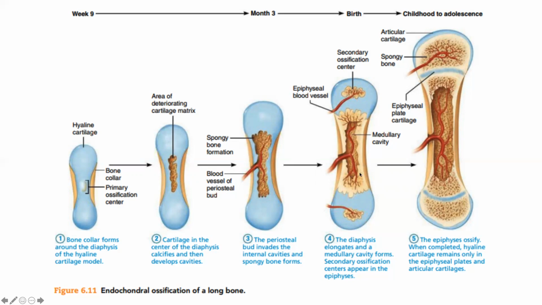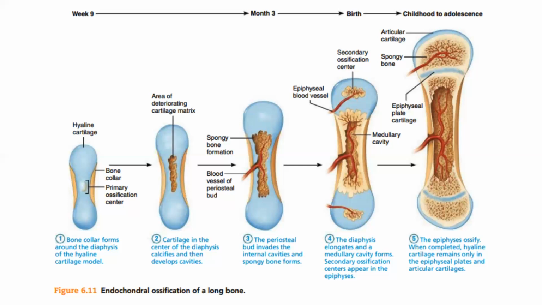And when we are developing in that way, at the two ends of that cartilage plate, we have other bone forming centers, ossification centers, appear. Because they are second to form, we call them secondary ossification centers.